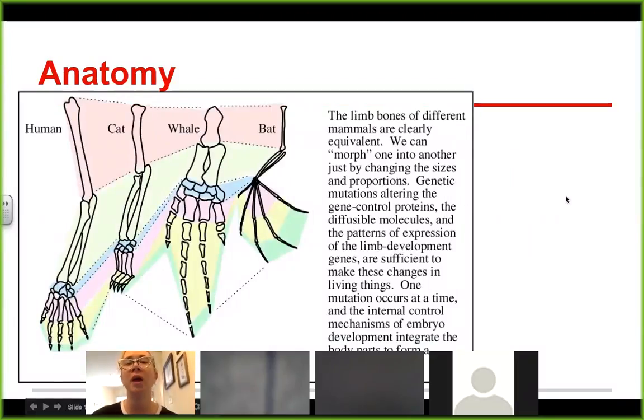So we also have comparative anatomy, which is literally comparing anatomy, looking at bones, looking at tissues, looking at the similarities, especially in the ratio of bones: 1 bone, 2 bones, many bones, 5 finger-type bones. The whale obviously only has 4, but still there's a lot of similarity between what these arms look like.